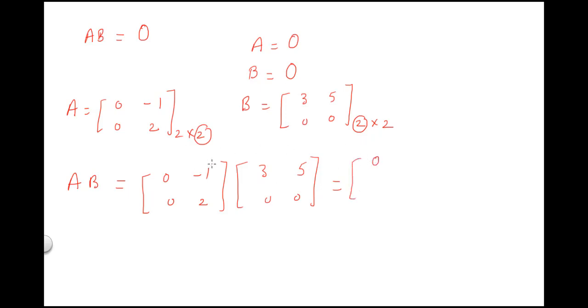Similarly, when we multiply the first row with second column, again we get the answer as 0. It happens the same for the second row first column: 0 into 3 is 0, plus 2 into 0 is 0. Similarly, the second row and the second column, 0 cross 5 is 0, 2 cross 0 is 0.